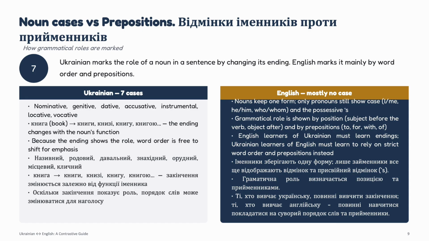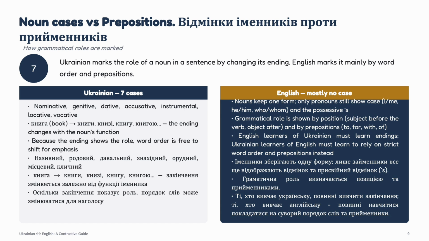English nouns, on the other hand, keep essentially one form. So, for example, the word book, we don't need to change it. We can just make it plural or not, and that's all. Only pronouns still show real case, like I versus me or he versus him, and the main tools English uses instead are word order and prepositions.